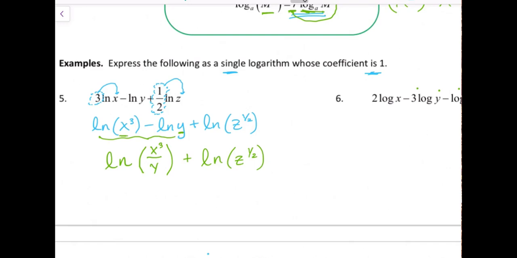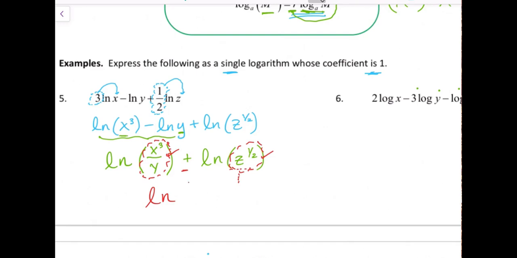So the last step is to perform this addition. To add logarithms, I'm going to get a single log of the same base, where the argument of my log is going to be the product of the first argument and the second argument. Remember, if I multiply a fraction by something that's not written as a fraction, that's understood to be over 1.